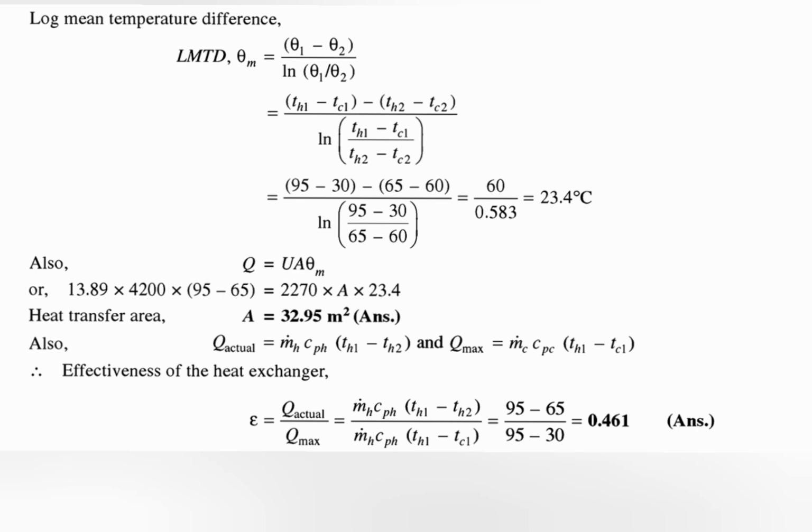So Qmax is simply mH CpH into Th1 minus Tc1, applying the hot water. From that you can find the effectiveness, the ratio of actual heat transfer to maximum. So the answer will be 0.461. So this is how you solve this problem.